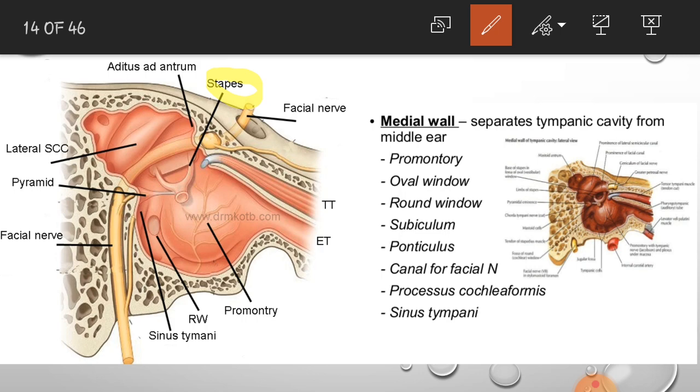The base of this stapes lies on the oval window. The oval window is a communication between the middle ear and the internal ear. In the next slides I'm going to tell you a little detail about this oval window. Now the next is the round window.